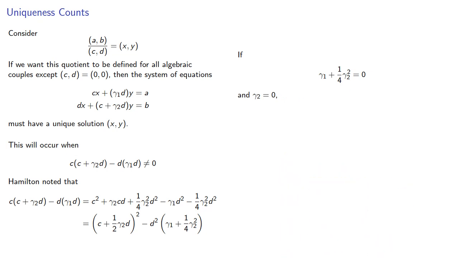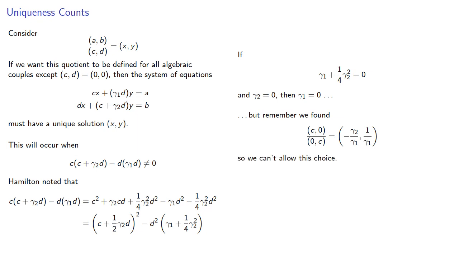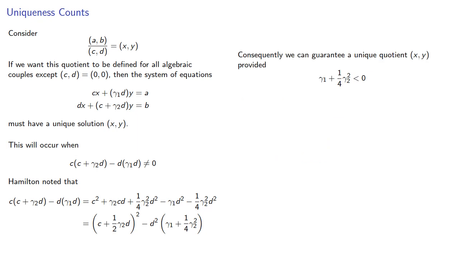So if it's 0 and gamma 2 is 0, then gamma 1 has to be 0. But remember, we found this quotient required dividing by gamma 1, so we can't allow this choice. Consequently, we can guarantee a unique solution provided that gamma 1 minus 1/4 gamma 2 squared is strictly negative. To do that, it's necessary for gamma 1 to be negative.